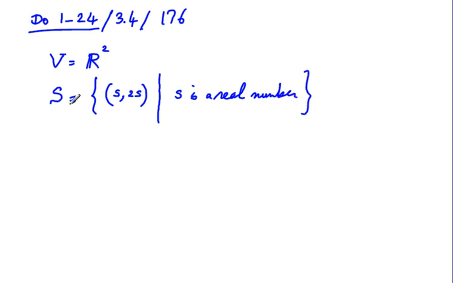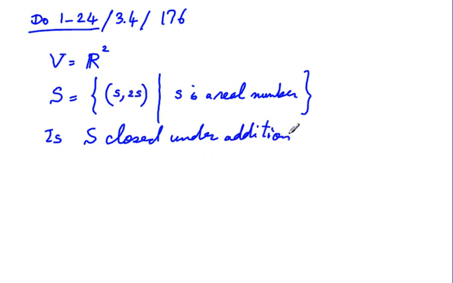The question that the book is asking is: is S closed under addition? How about scalar multiplication?